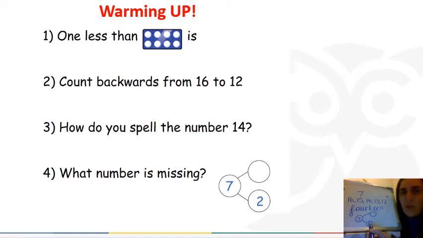We've done this a few different ways at school before, but we're going to do it like this today. So I know that my whole was 7. I'm going to draw 7 counters. 1, 2, 3, 4, 5, 6, 7. One of the parts was 2. So I'm just going to draw a line to show there's 2 here.